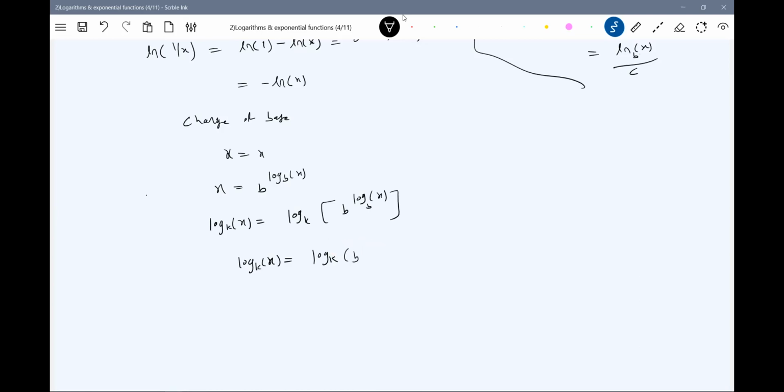I'll rearrange it like this so it will be very easy for you to see. Now, this will become log x to the base k into the product of log b to the base k. This I'll send to this side. Further, log x to the base k by log b to the base k is equal to log x to the base b.